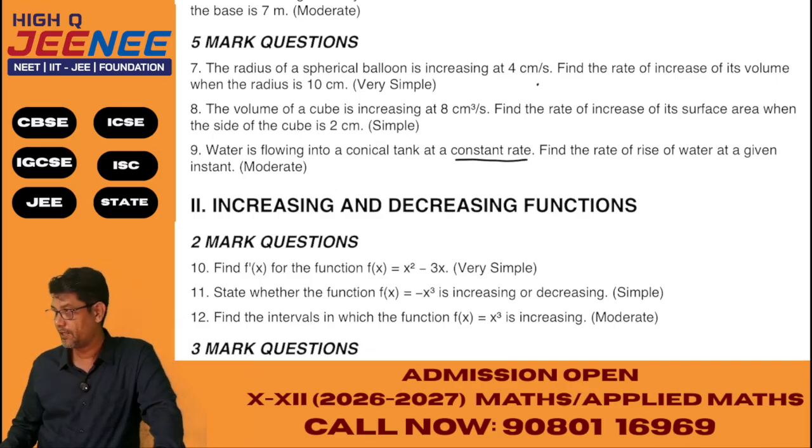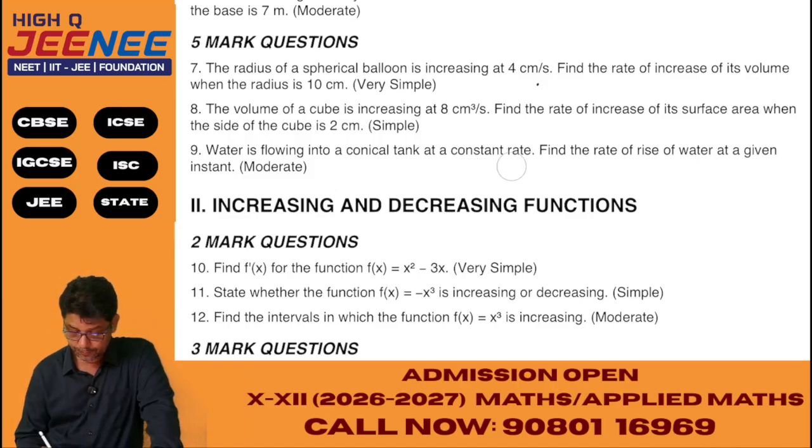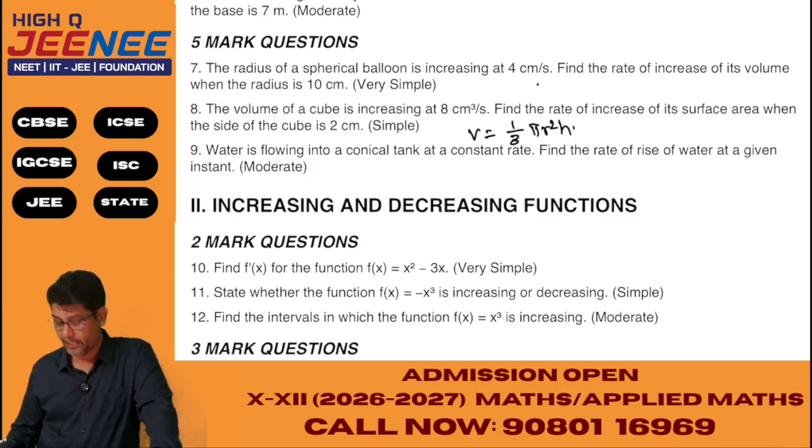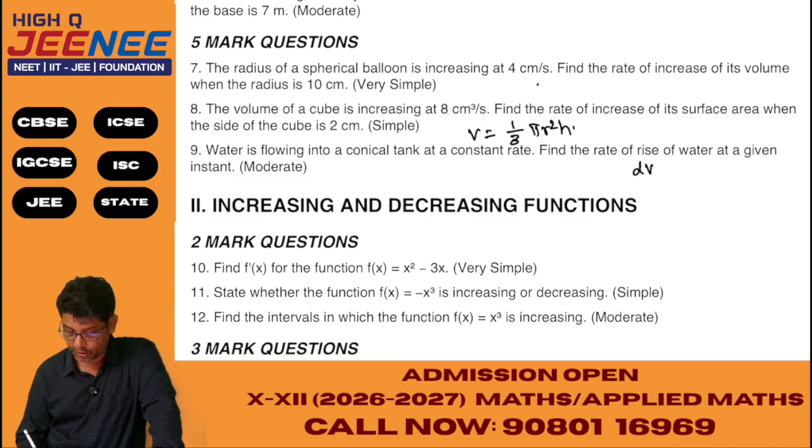At time t. Okay, at time t, we have to find out conical tank. Okay, so we are dealing with what? Conical tank volume. What is volume? 1 by 3 pi r square h. Is that right? Okay, so we have to differentiate with respect to what? t only. So dV by dt, they ask you to find out. What is dV by dt?